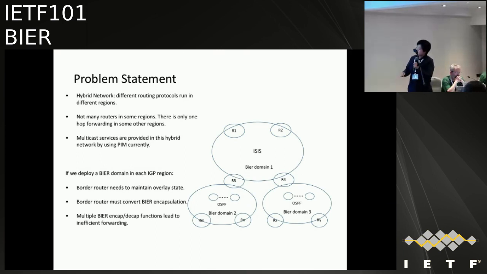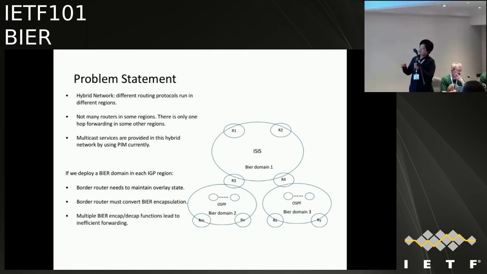The different regions have different network architecture. There are not many routers in some regions, but there is only one hop forwarding in some other regions.